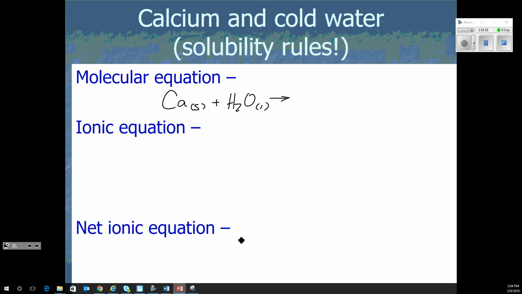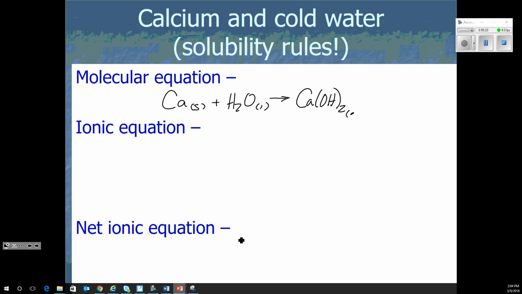Water usually breaks up into what and what? OH and H. So what is calcium going to combine with? OH. So I'm going to get calcium hydroxide. Calcium is a +2, so we need 2 of them. And this is a strong base.